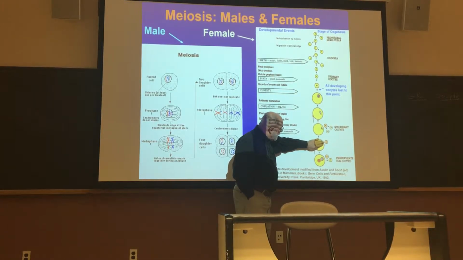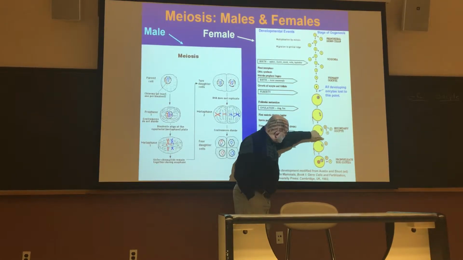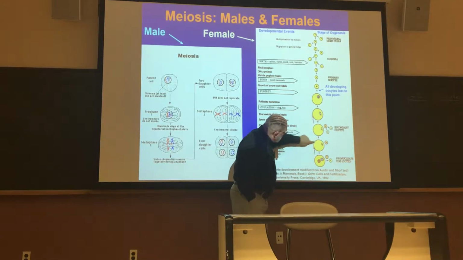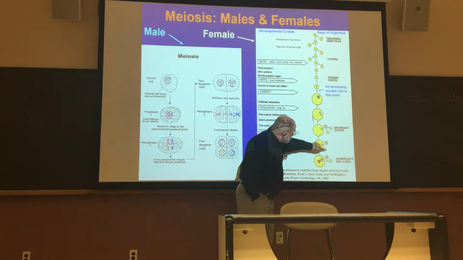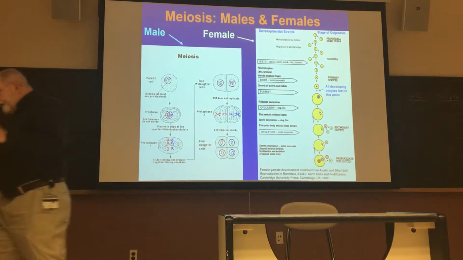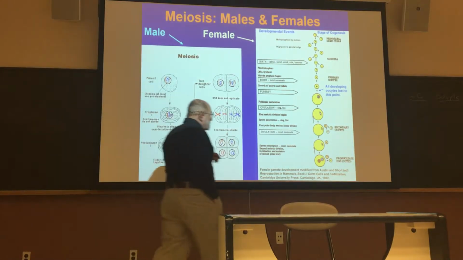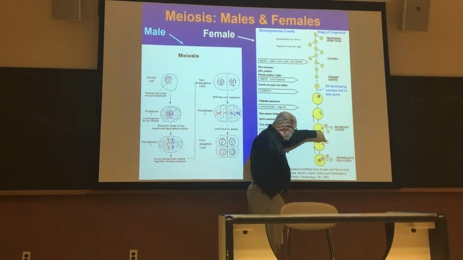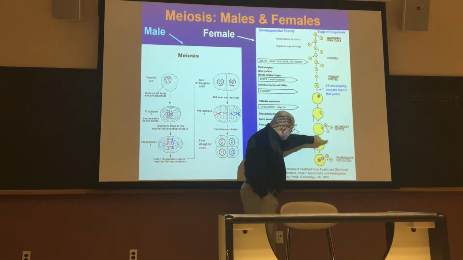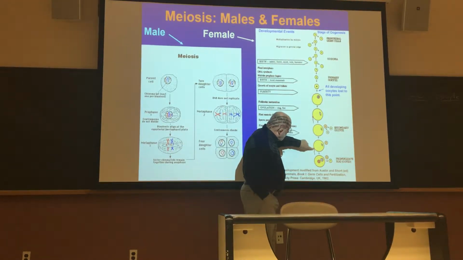So you've got an egg, finished meiosis 1, prophase meiosis 2, a polar body, and these are all inside the zona pellucida, which is this carbohydrate-rich protein coat that surrounds the egg and the polar body and this space, which is called the perivitelline space, where sperm actually interact with the egg.